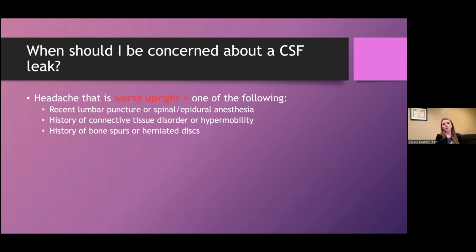So if you have good reason where a leak could be present because there's a mechanism that could have it present there and the history fits, that is when I worry about it. Traumatic injuries, things like that could be times too, whiplash injuries. So really, if you have the right circumstances and the right type of headache, then that's when I worry.